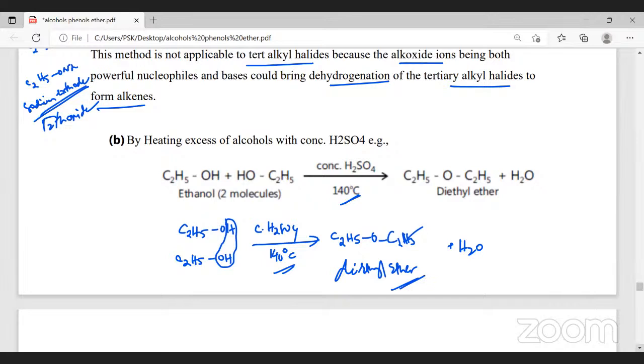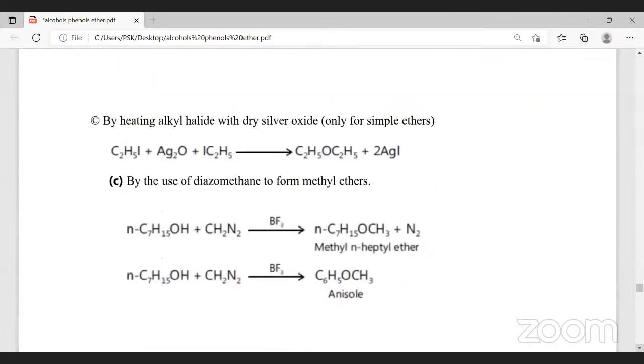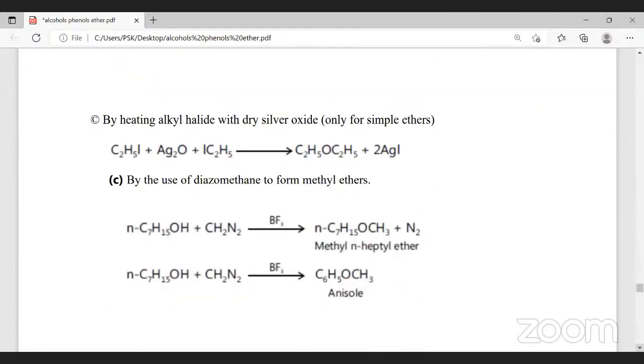Second method we learned. One is Williamson's ether synthesis. The other one is by heating excess alcohol with concentrated sulfuric acid. Now, from haloalkanes, also called alkyl halides.